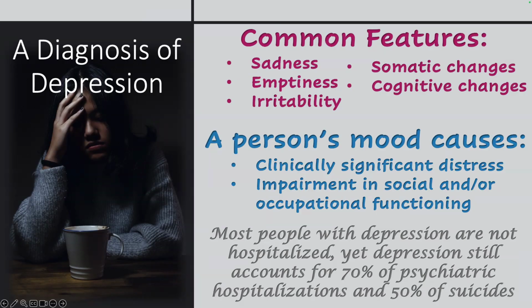For somebody who is in school, school is the equivalent of occupational functioning. So it needs to be causing impairments. We all have days where we feel sad, where we feel empty, where we feel irritable. But is it causing us distress or impairment in functioning?